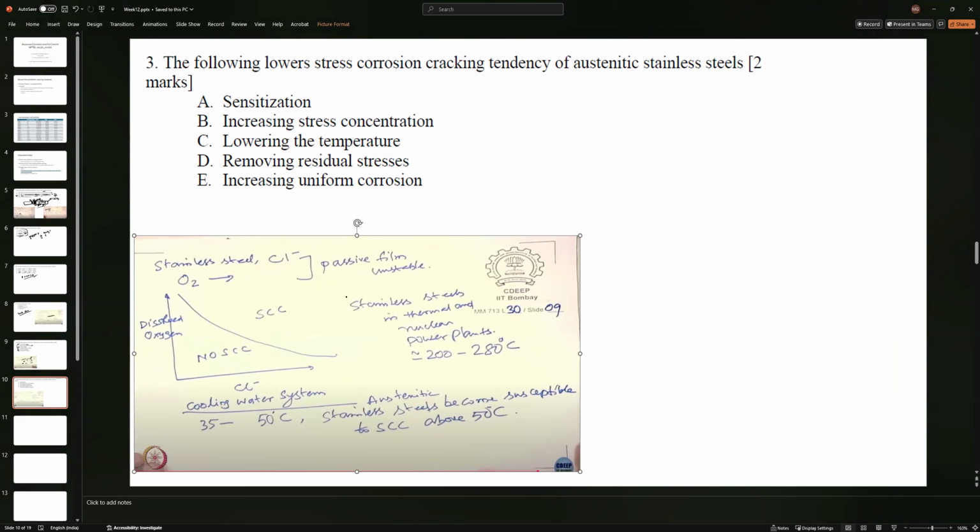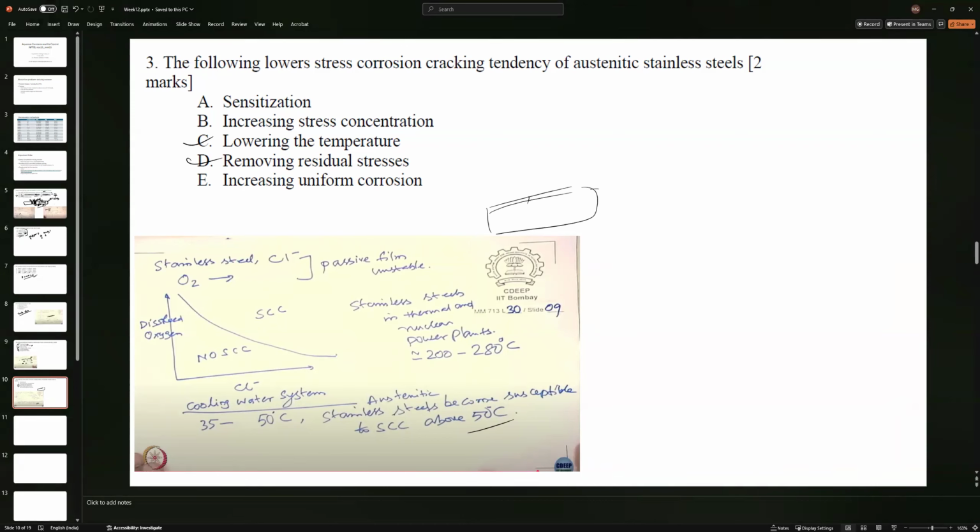Temperature definitely. Above 50 degrees Celsius, it becomes susceptible. The temperature is very high. Residual stresses, yeah. If you're removing residual stresses, maybe cold working, maybe you have introduced some stresses. So wherever there is tensile stress in the temper, it will be prone to SCC. So you can remove those. You can remove the residual stresses by heat treating.